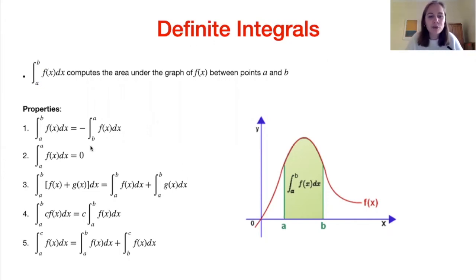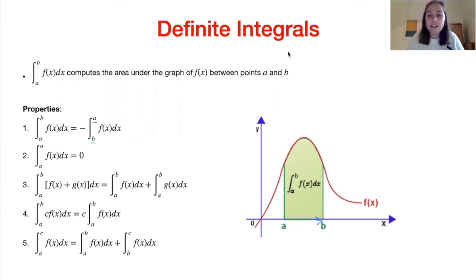So first of all, the integral from a to b of f of x dx is equal to the negative integral from b to a of f of x. So what we've done is we've switched the integration boundaries and introduced a negative sign. Well, if we think about why that is, relating to the integral as the area under a curve, if we're finding the area going from a to b, we're going in the positive x direction.